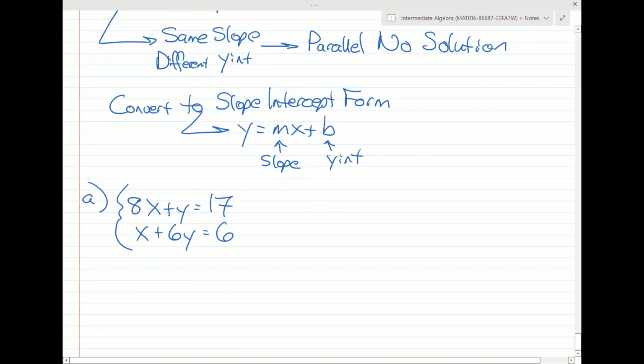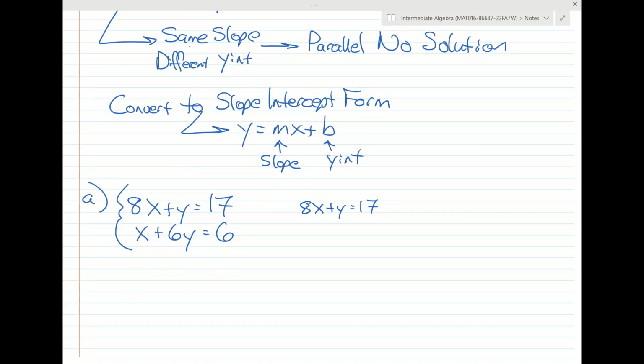So if we're going to convert to slope-intercept form, take 8x plus y is equal to 17, and just get the y by itself. You just bring the 8x on the other side. You get y is equal to negative 8x plus 17. If you take x plus 6y equals 6, you get the y by itself.